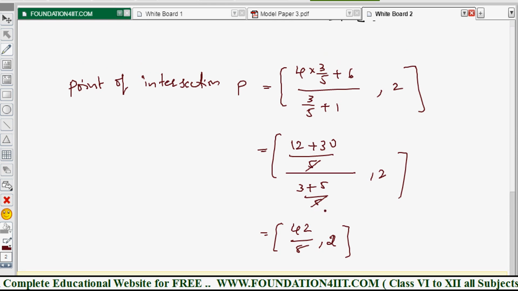You can simplify this to 21 by 4, comma 2 is the value. Okay, so this is the value of P. Now let us see the next one.